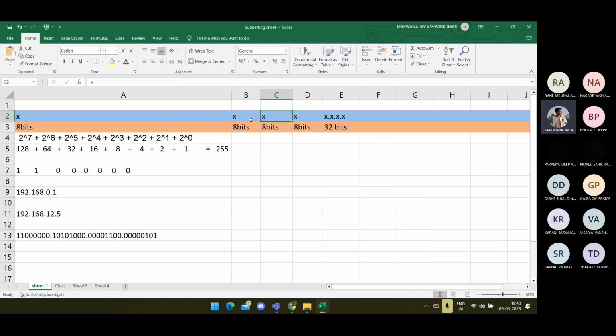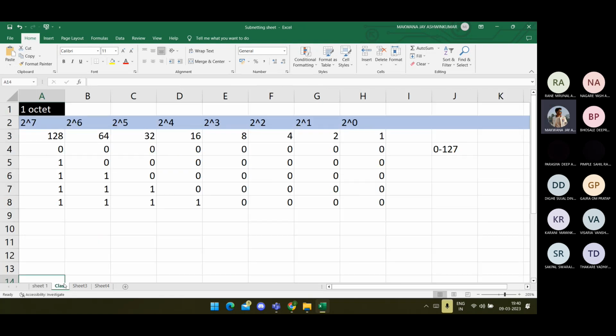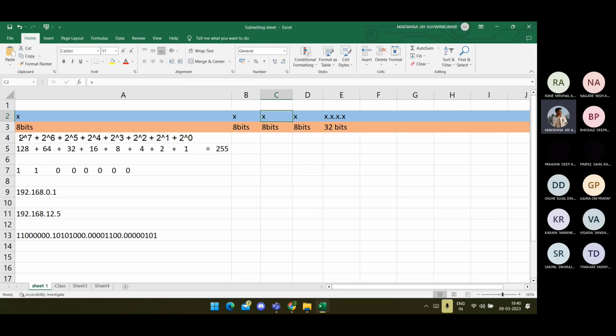This is just for explaining how classes are divided. If I set the 128 bit, then my IP address can range from 128 to 192. I'm just talking about this octet.